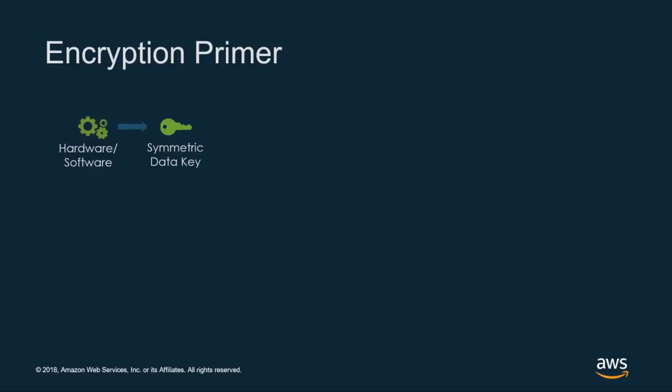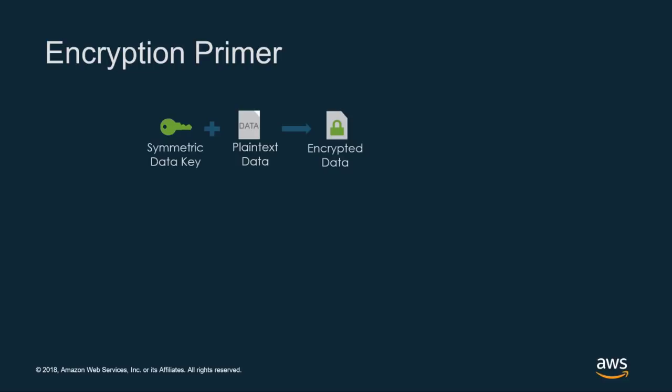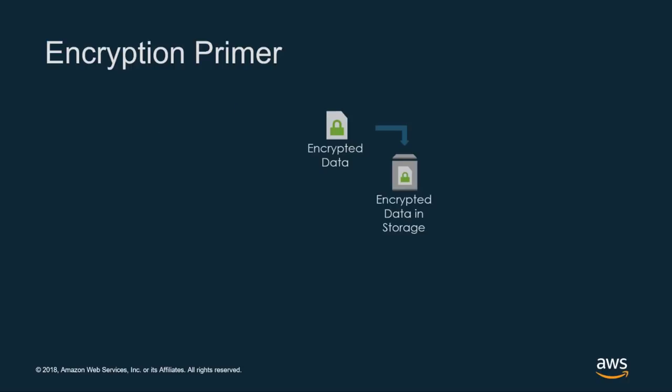And essentially, the key takes the open data and uses encryption algorithms like AES, and the encrypted ciphertext is what's stored on S3. Ultimately it lands on S3 and it's stored encrypted.